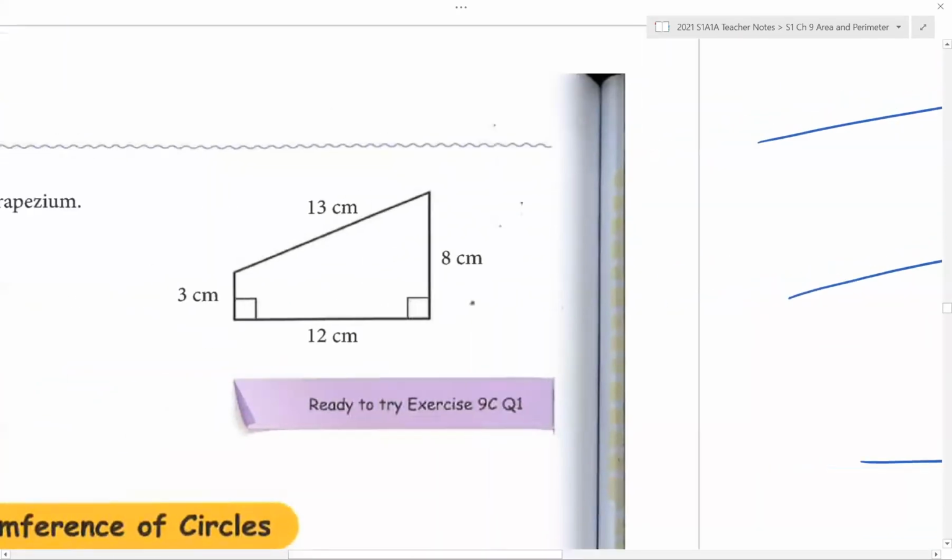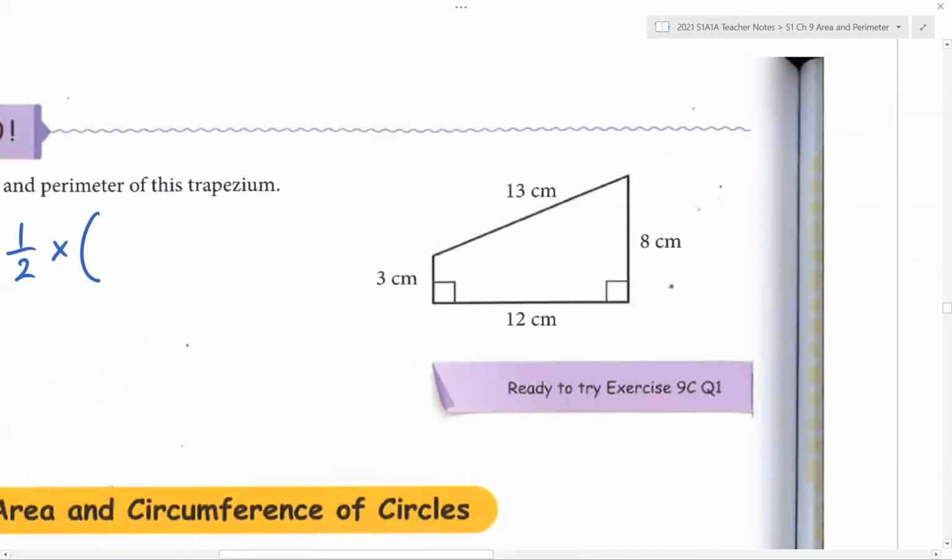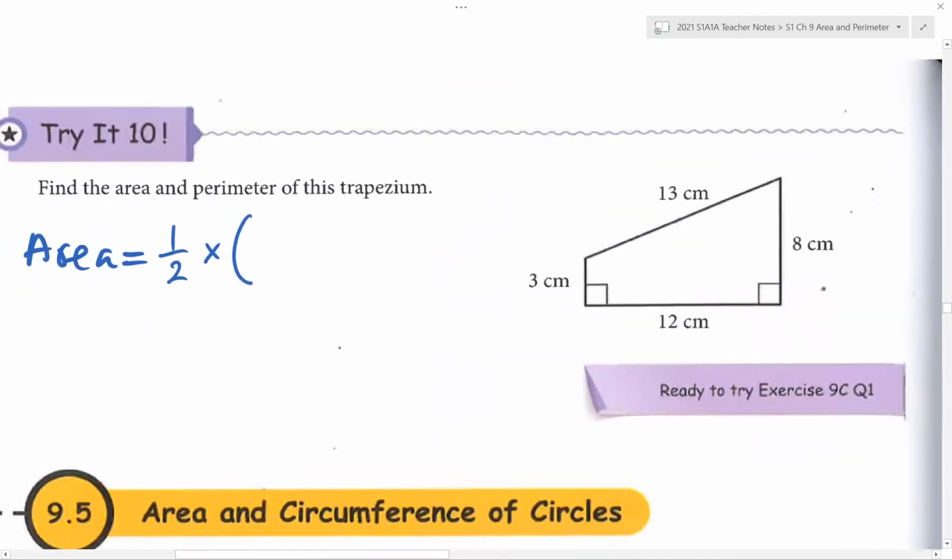Back to the trapezium. Now, Nazreen and Marilyn, do you understand why Reynard says that the 3 and the 8 are the parallel lines? Because if you extend them forever and ever, they are not going to touch each other. Can you see that?